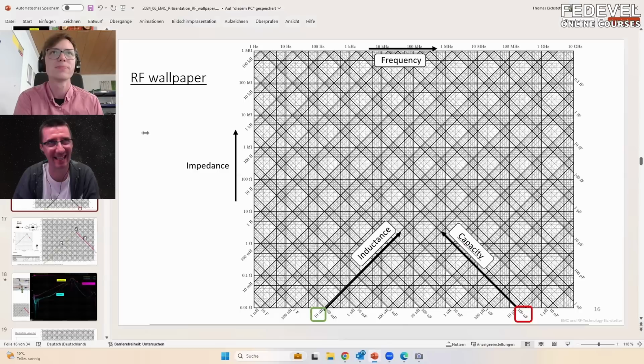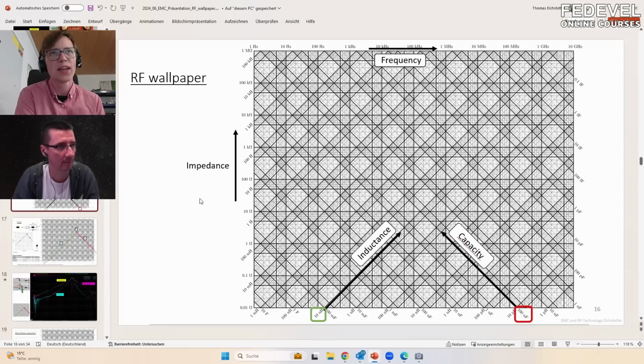The RF wallpaper is a logarithmic table in 4 directions, which means in the x direction you have the frequency, going from 1 Hertz to 10 gigahertz, so it covers everything important.